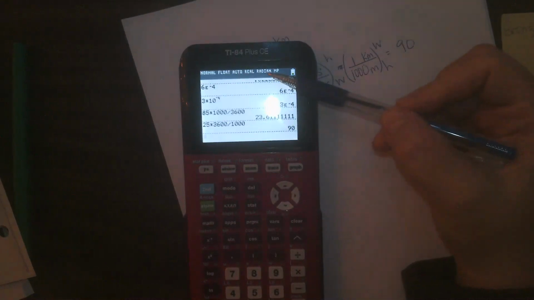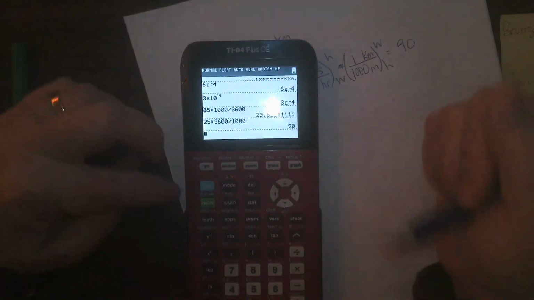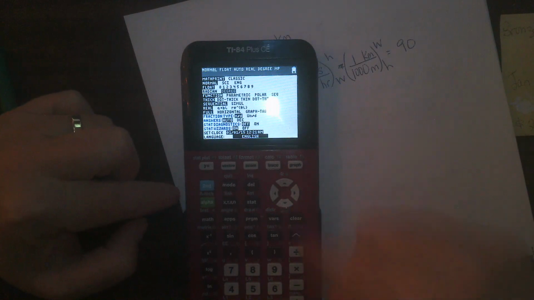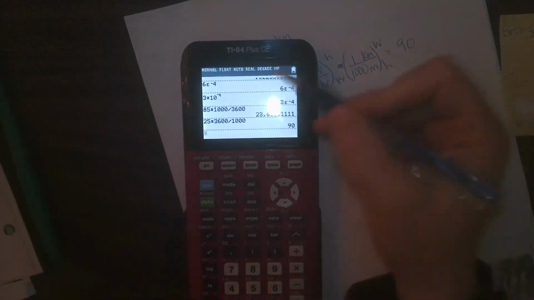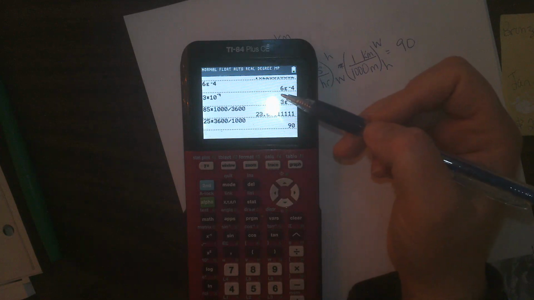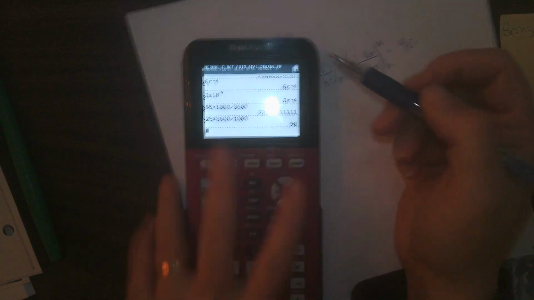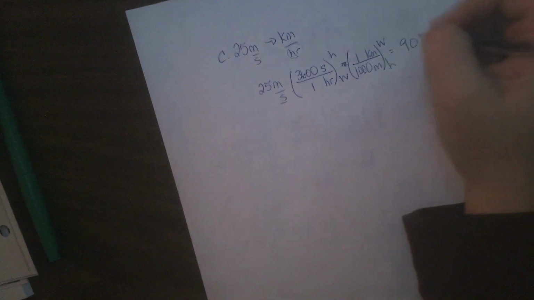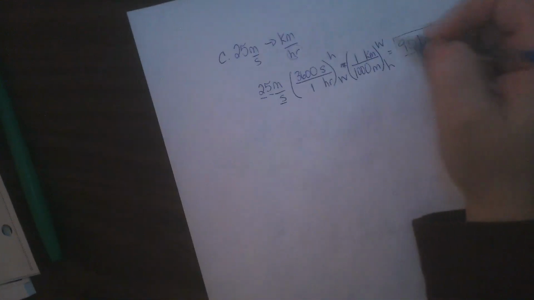Make sure you're paying attention to radians. Make sure your calculator's in degrees. Double check that right now, because we will be using degrees by the end of this unit. Okay, 90. 90 what? Kilometers per hour. Significant digits? 2. My answer should have 2. Perfect.